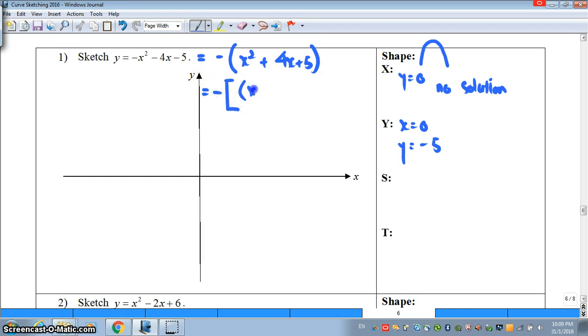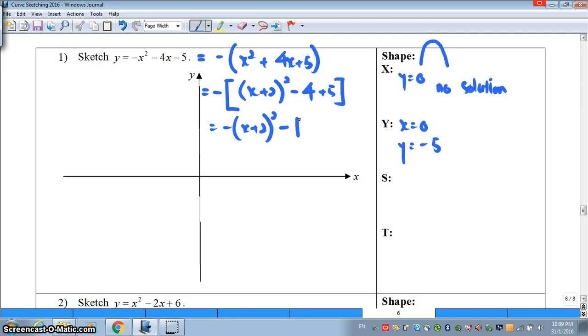Completing the square, half the coefficient of x and put in bracket, subtract the square of that number there. There we have completed the square. I have just done the completing the square for you as well.